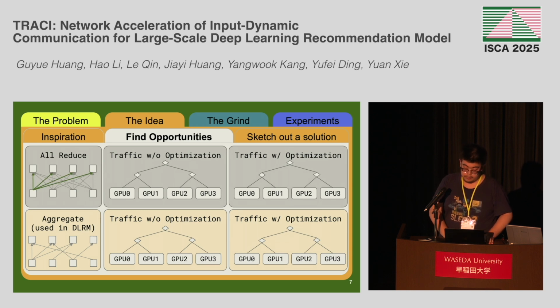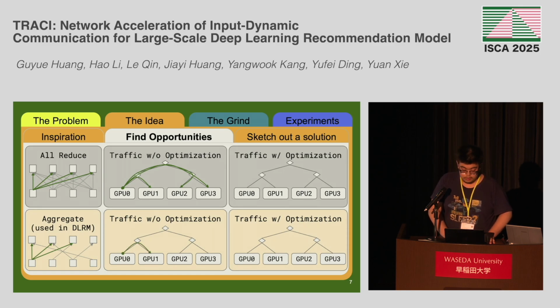Here we want to show how to find an optimization opportunity for this aggregate operation. In the upper left part, we show that one response is sent to all these GPUs. In the bottom part, we show that in the aggregate operation, this data is sent to just three of them. We'll show this process one by one. In the traffic without optimization, GPU 0 sends the response to GPU 1, then GPU 0 sends it to GPU 2, and finally it's sent to GPU 3. It's sent one by one.